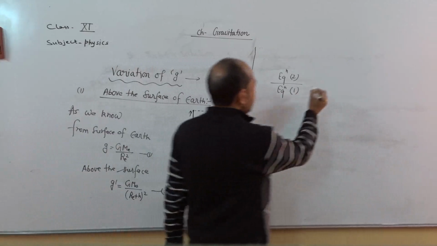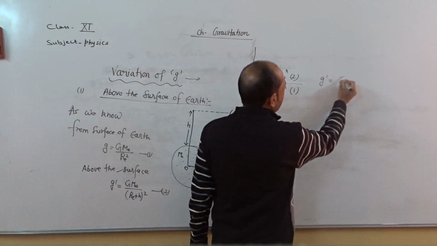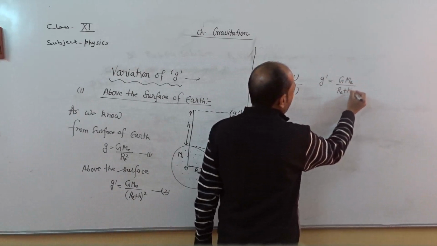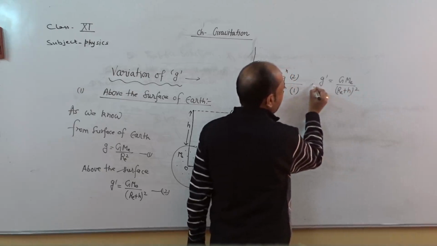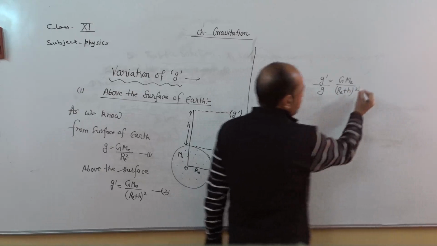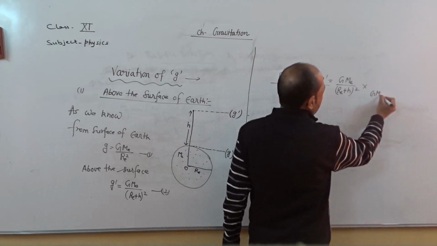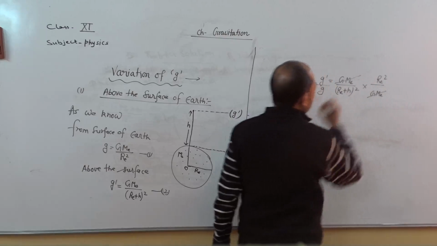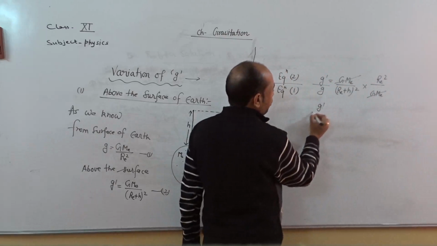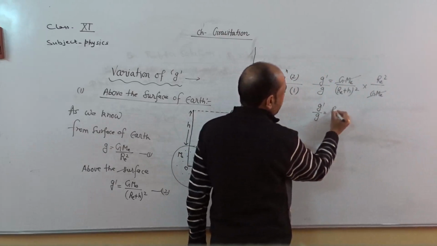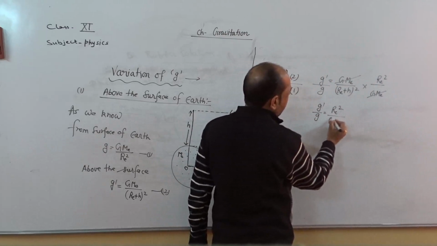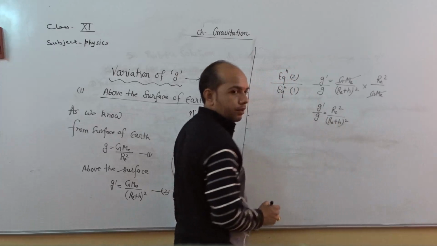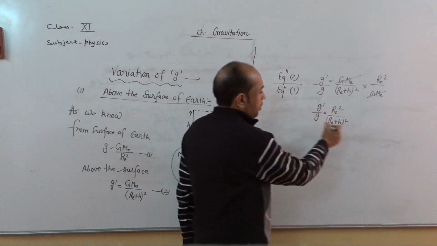Equation second is g dash = GMe/(Re + h)², and this is divided by g = GMe/Re². Now GMe cancels with GMe. We have g dash/g = Re²/(Re + h)². Now we simplify this.